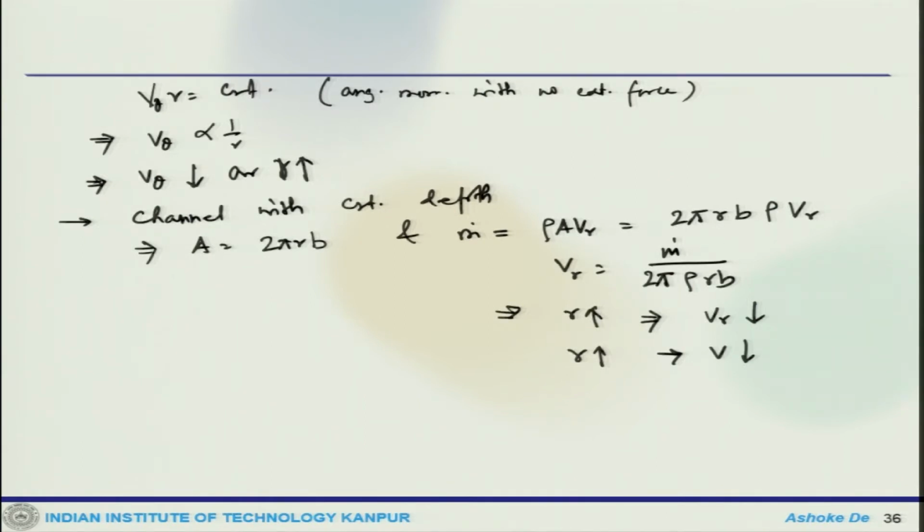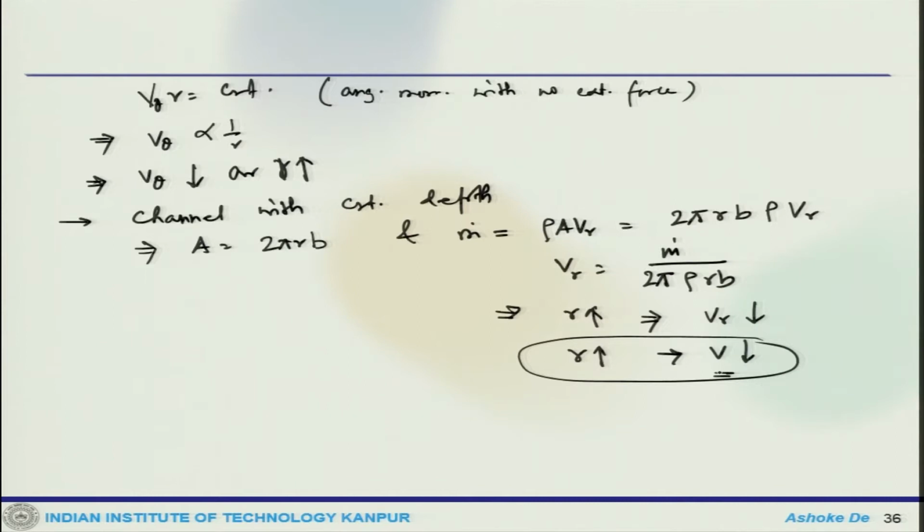So, some diffusion takes place in the vaneless space also. Okay. So, this is what is quite important, that even in that vaneless space you get some sort of diffusion process taking place, which means the flow velocity also decreases.